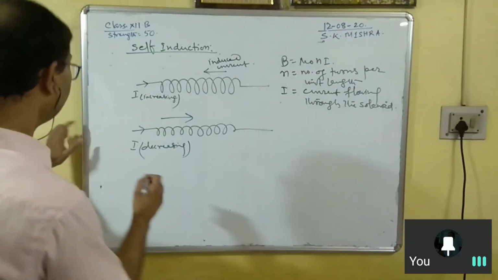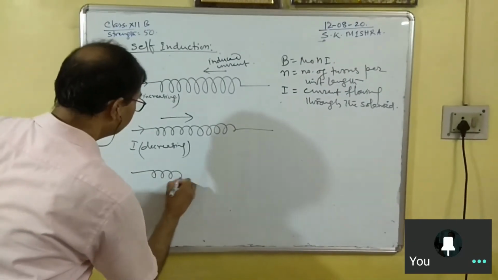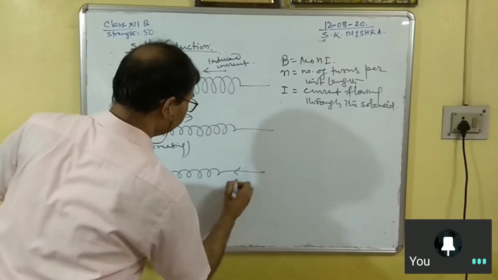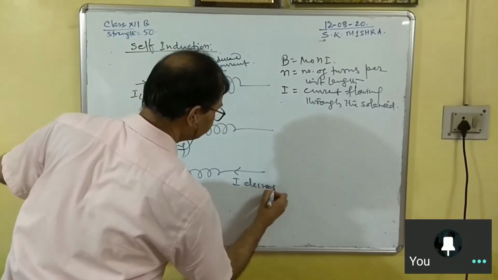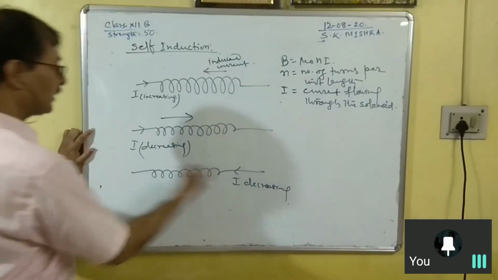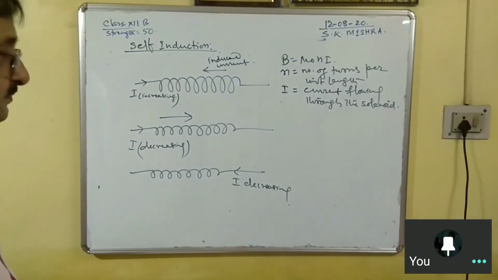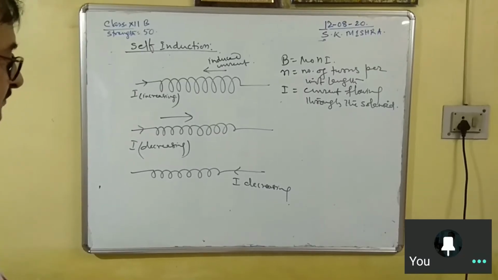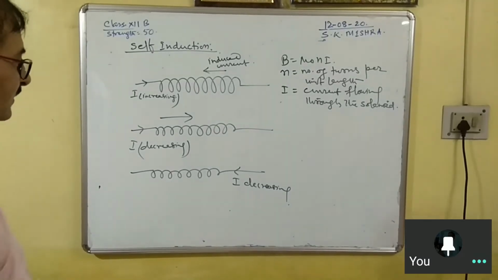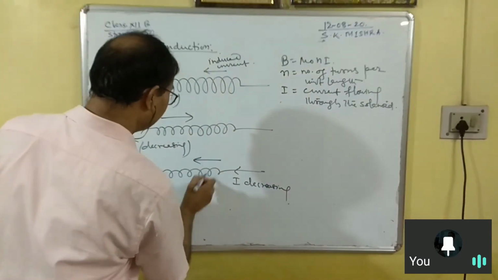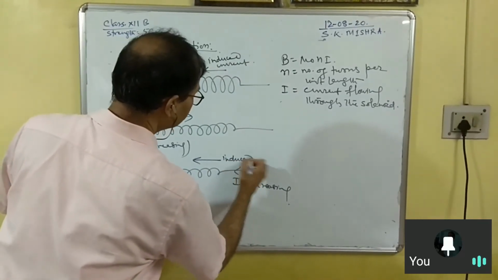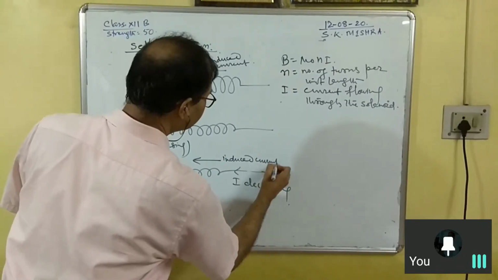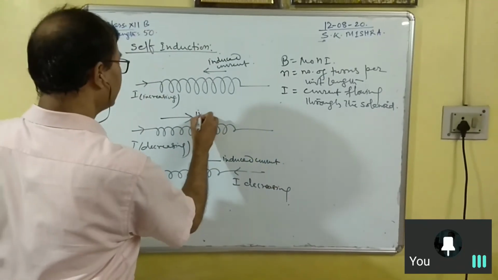I am making another figure. Now if I is decreasing and flowing from this direction, what should be the direction of induced current? It should be along the same direction. This is the direction of induced current, and this direction is given by Lenz's rule.